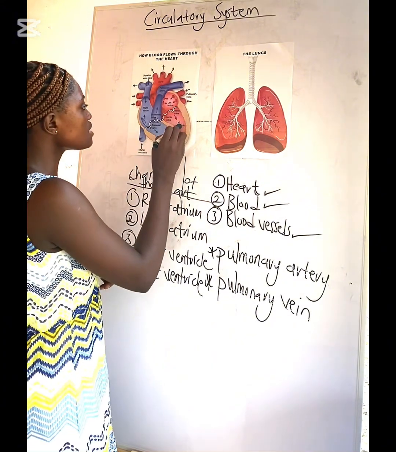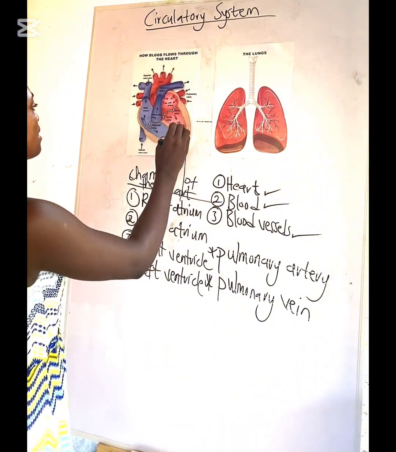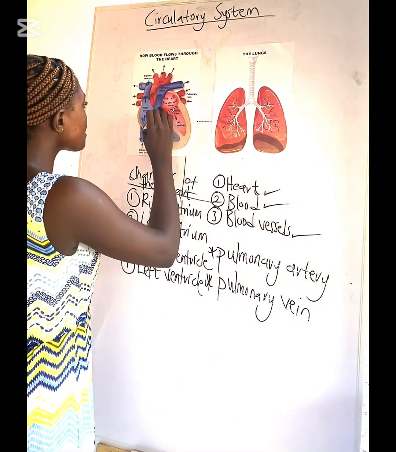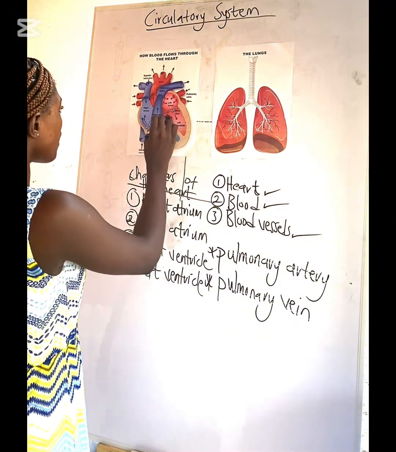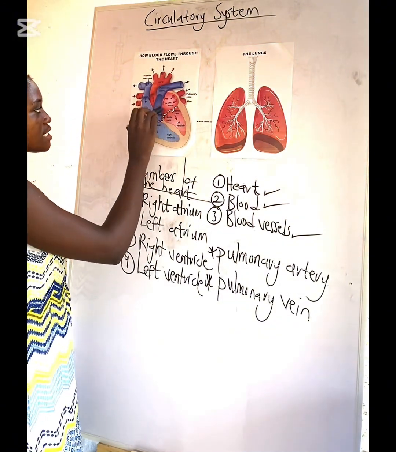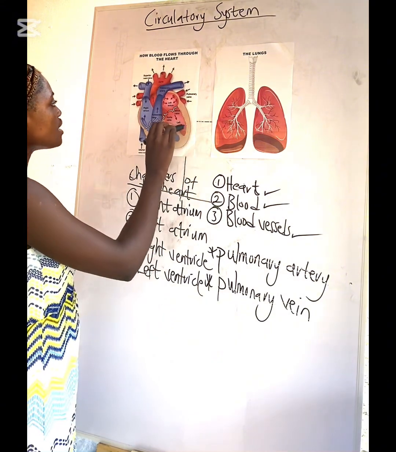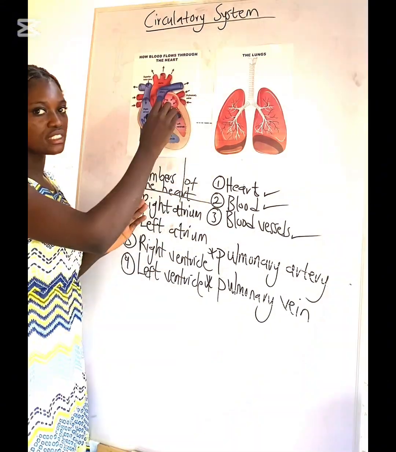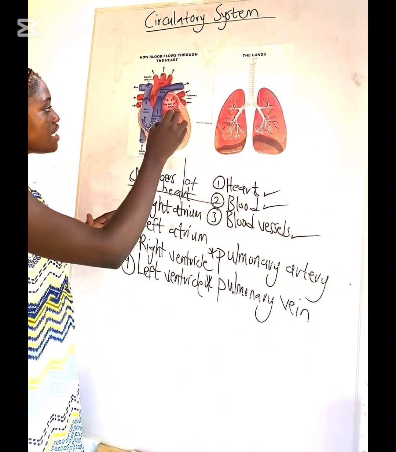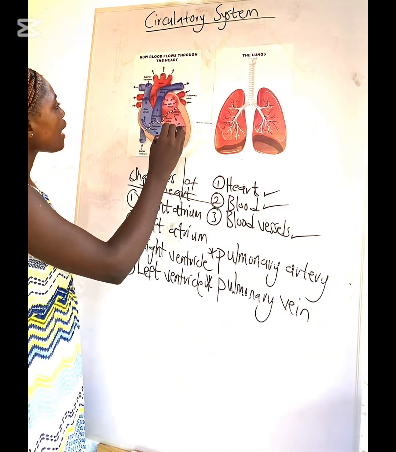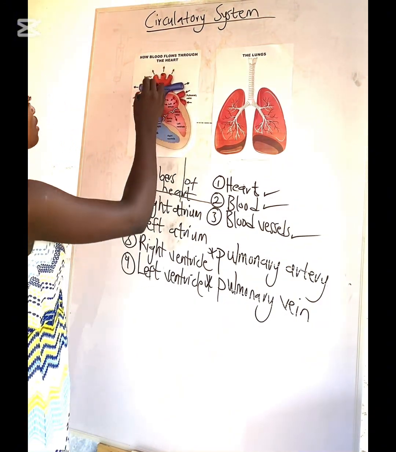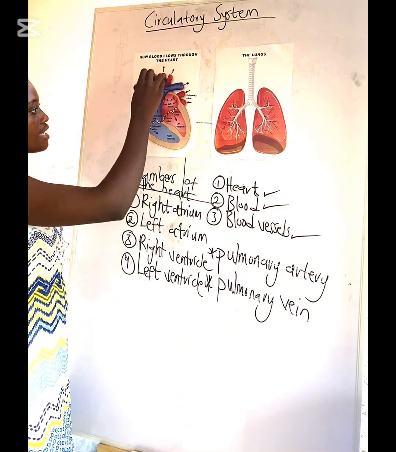So after the oxygenated blood has gotten into the left ventricle, it will pass through the aortic valve. So it will pass through the aortic valve, oxygenated blood from the left atrium through the mitral or the bicuspid valve. It will pass through the aortic valve into the aorta.